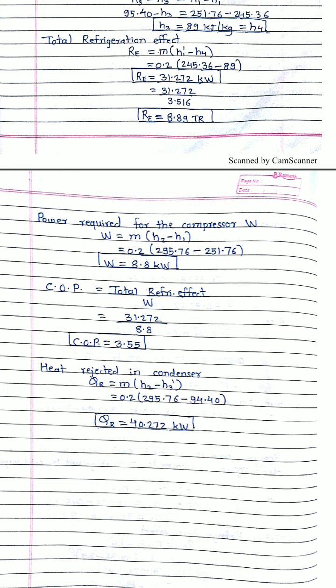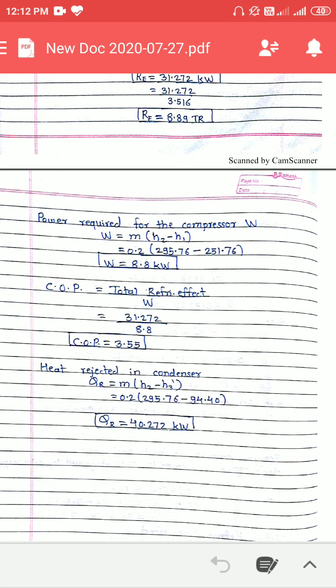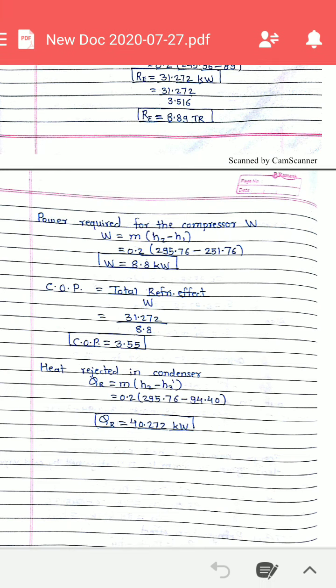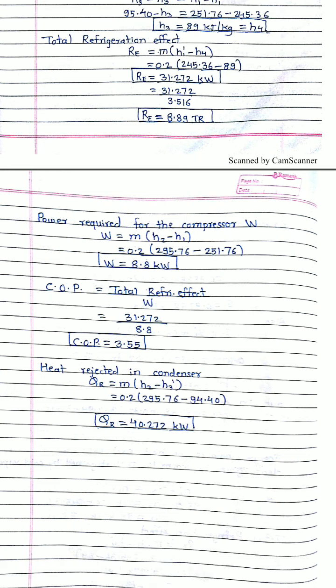The mass flow rate is 0.2, H2 is 295.76, minus H3 dash, which is 94.40. Therefore the heat rejected in the condenser is 40.272 kilowatt. In this way we have calculated all the parameters.